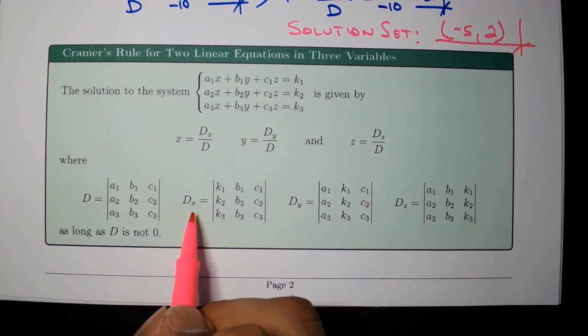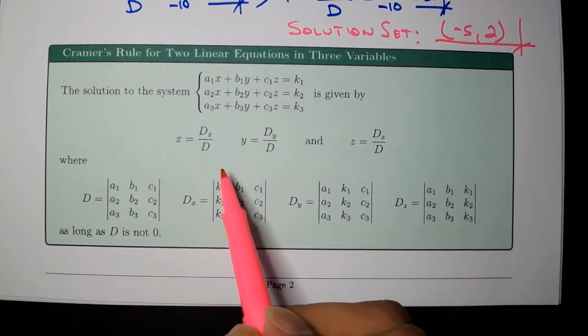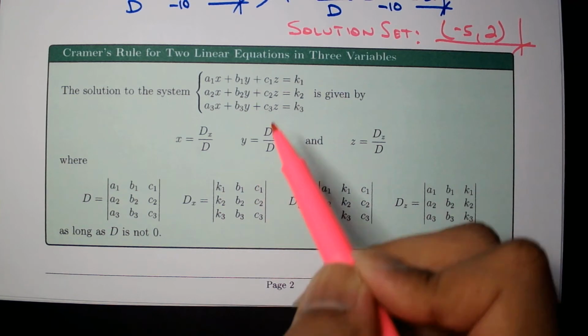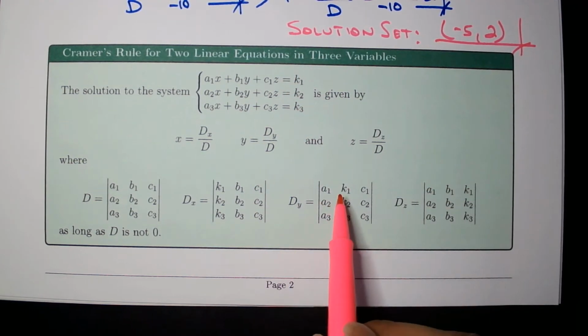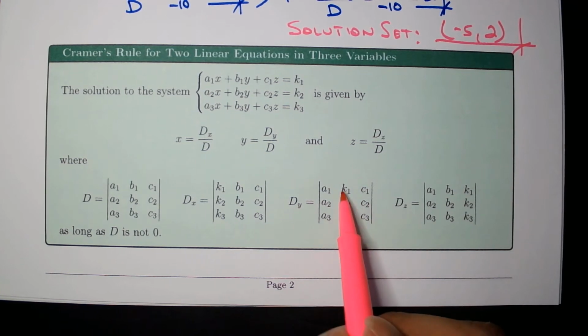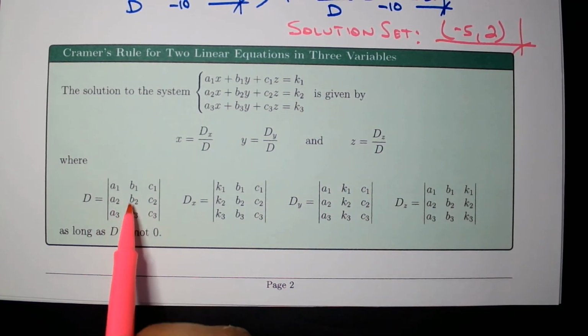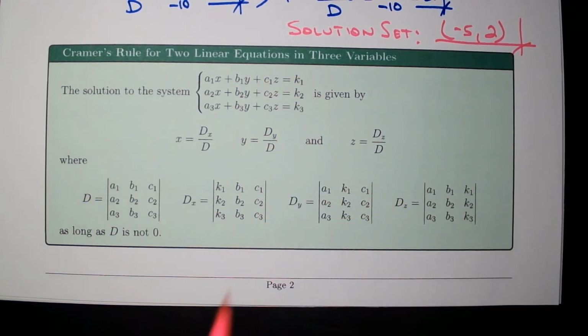For d sub x, from the coefficient matrix, replace the x column, or the column of the coefficients of x, with the constant terms. To find d sub y, we now replace the column of the y coefficients, that is the second column, with the constant coefficients.